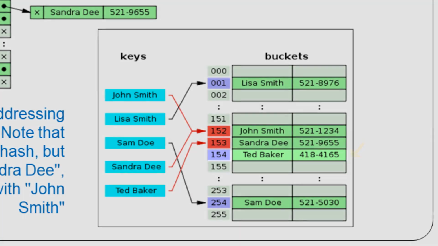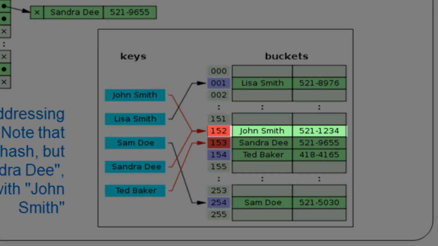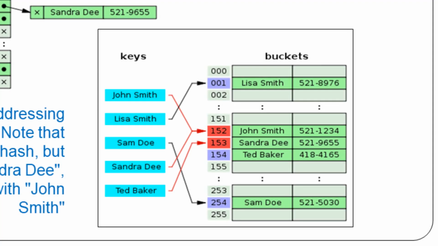Now that's fine, but what if we're looking for Sandra D? So we take the key Sandra D and hash it, and we get 152. But then we look and we figure out, well, that's not Sandra D, that's John Smith, and that's not the right number that I want to retrieve.